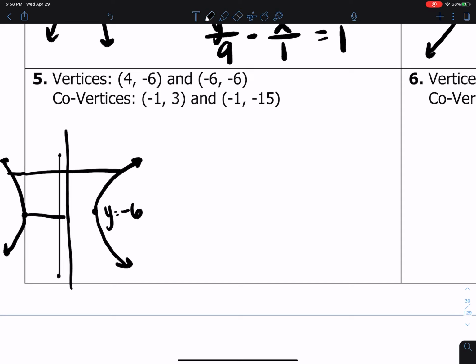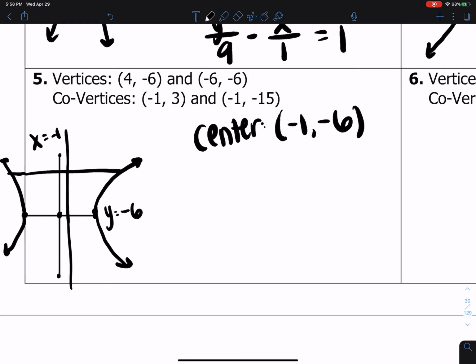Okay, and then we have this one. My points are a little off for the lines being straight, but that's okay. So this is at y equals -6, this is at x equals -1. So our center is at (-1, -6), because that's where those lines would intersect.